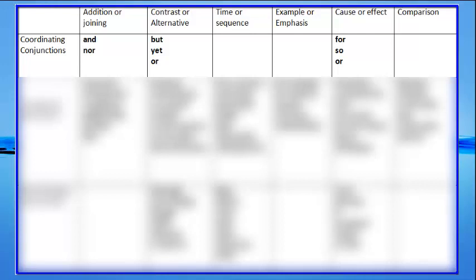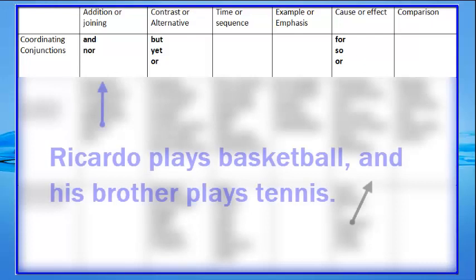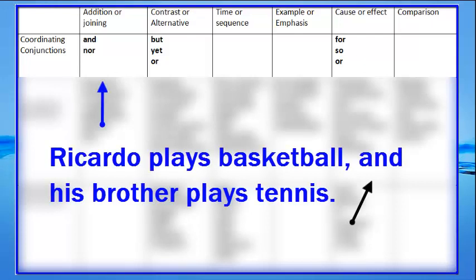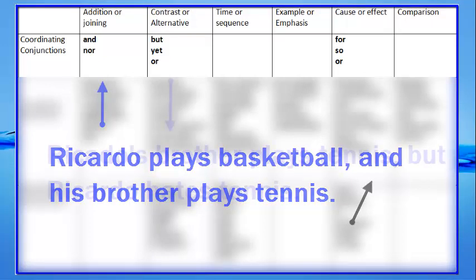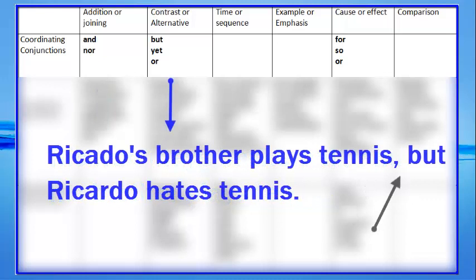Here are some examples of coordinating conjunctions used to make compound sentences. Ricardo plays basketball and his brother plays tennis. Ricardo's brother plays tennis, but Ricardo hates tennis.